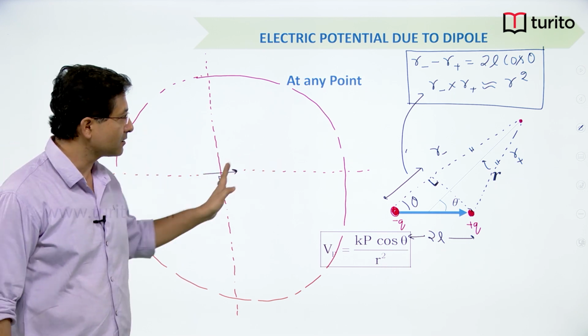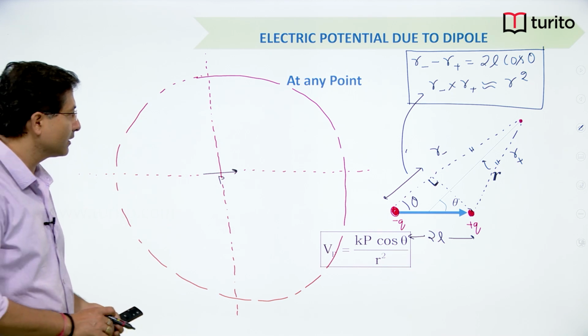This is the x axis, this is the y axis, and this is a circle of radius r.